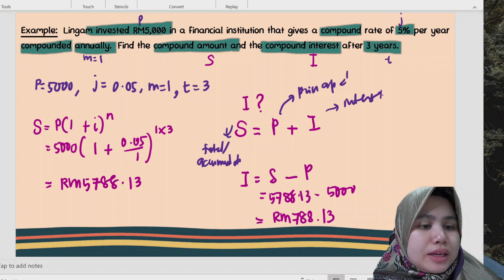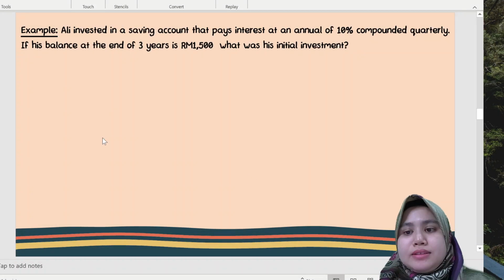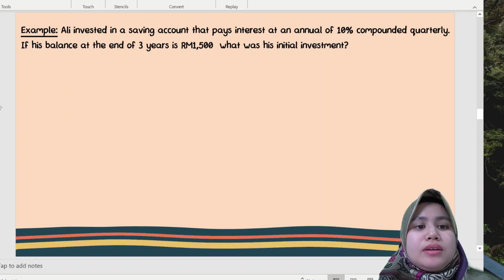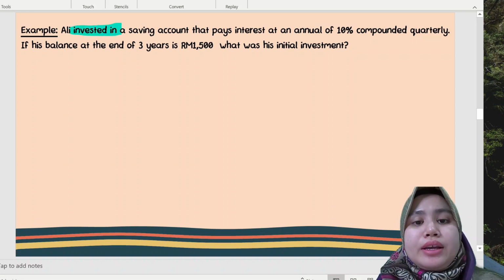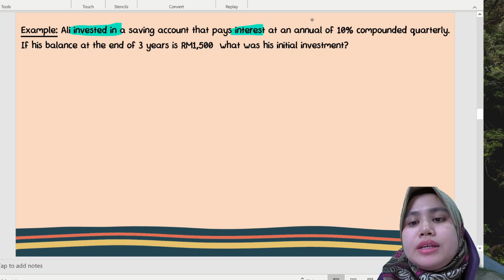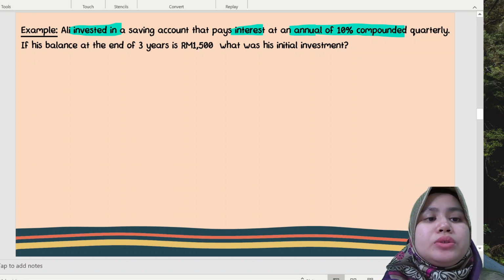Okay, let's look at the next case. What do we have? Ali invests in a savings account that pays interest at an annual rate of 10% compounded. So what do you have here?